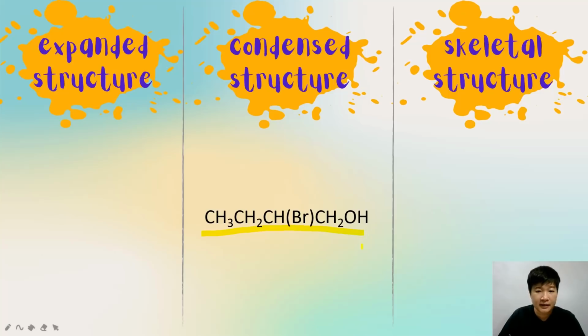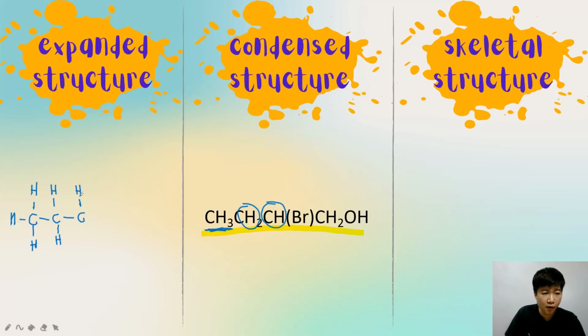Now the example, I give you the condensed structure. We are going to expand the condensed structure and also draw the skeletal structure. Let's expand it first. The first one, CH3, simple. I have a carbon bonded to H, H, H. Another carbon is a CH2, so carbon bonded to H, H. Next, this carbon is bonded to a CH. One more bond is in the bracket. The bracket Br belongs to this carbon because it's the branch Br.